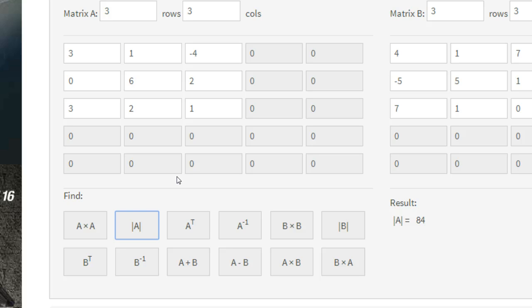Or if you're really lazy, you can use the calculator itself, but just remember the calculator is not going to tell you everything.